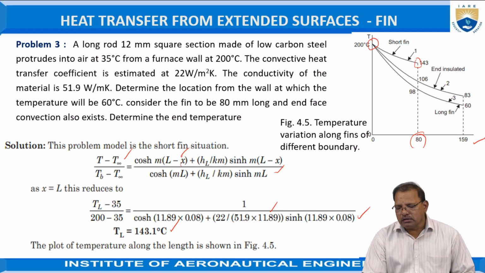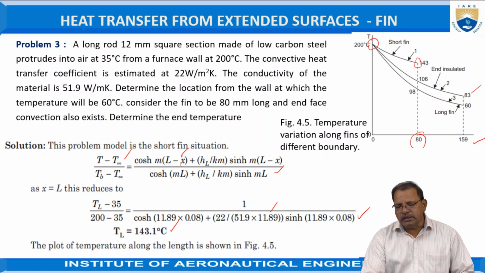If we take the case when the end is insulated, meaning heat transfer from that end surface is neglected or negligible, then at the end position it is 83 degrees, but at a distance of 80 mm the value is 106 degrees centigrade.